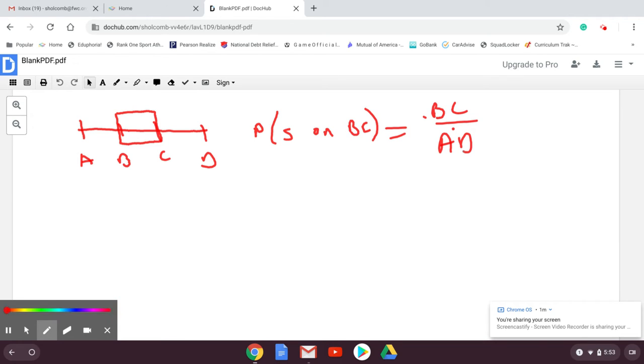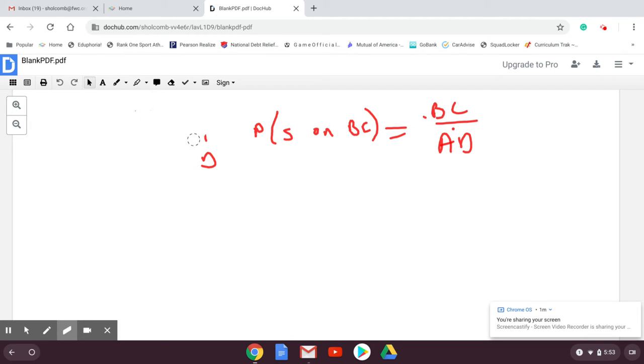So there's the example of more of a length type look of probability based upon lengths of objects.